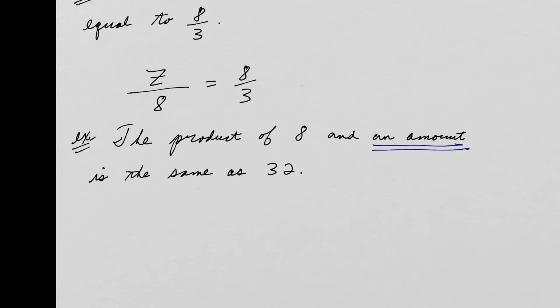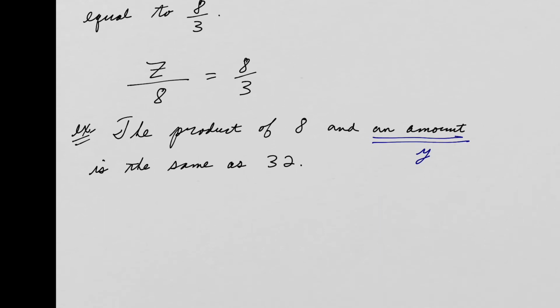Give that a name. What variable do you want to use? Maybe let's call it y, let's say. Okay, so the product means multiplication, right? So the product of 8 and y, well, I can write that as 8y. Remember, that means 8 times y is the same as, is another way of saying equals 32. So that would be my equation. 8y equals 32. Or 8x equals 32, or 8a equals 32, right? Doesn't matter what we use for our variable name.